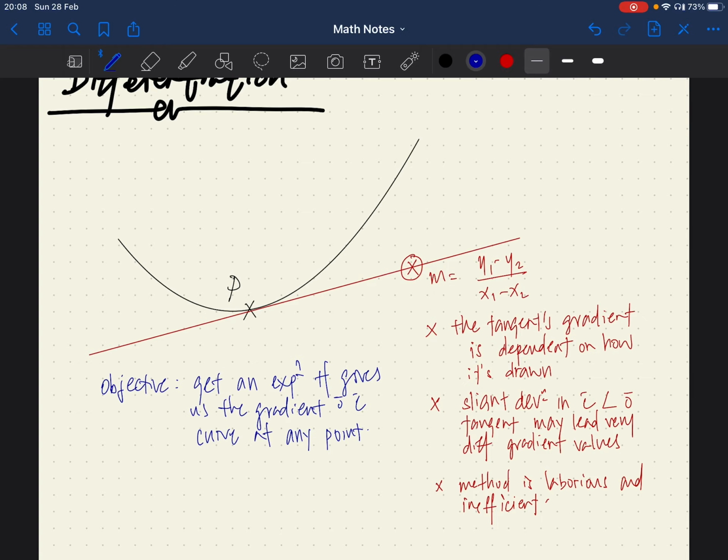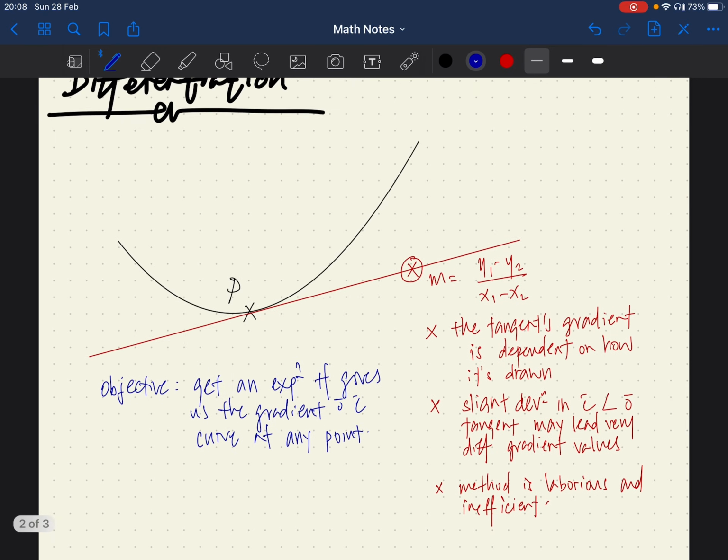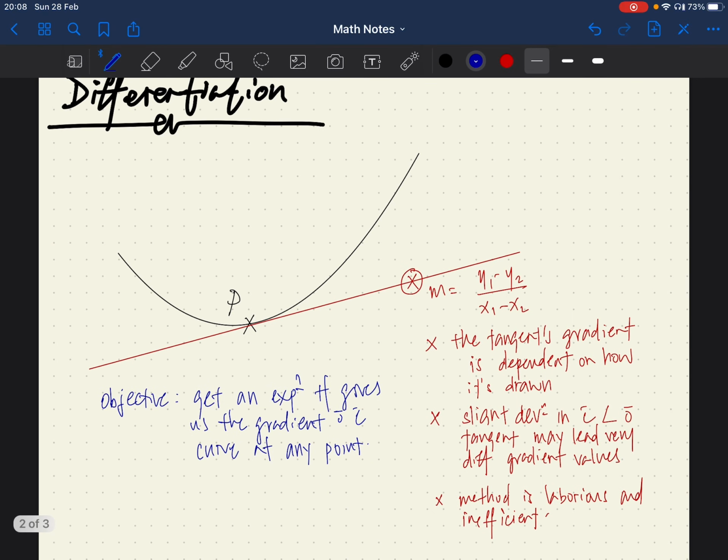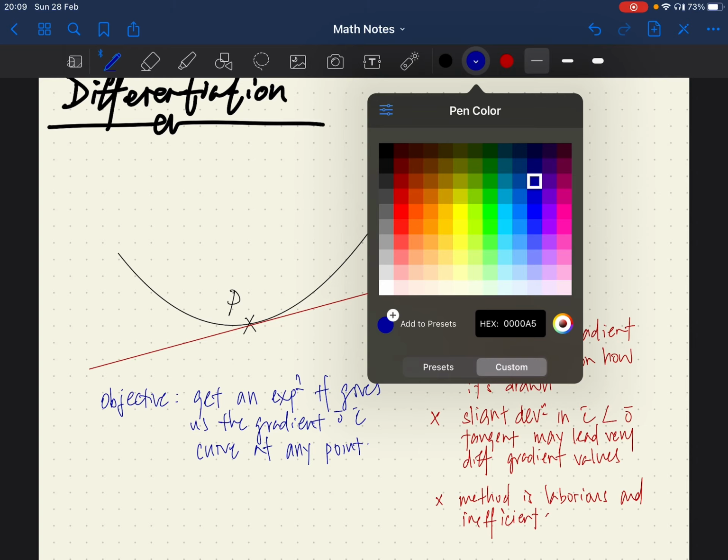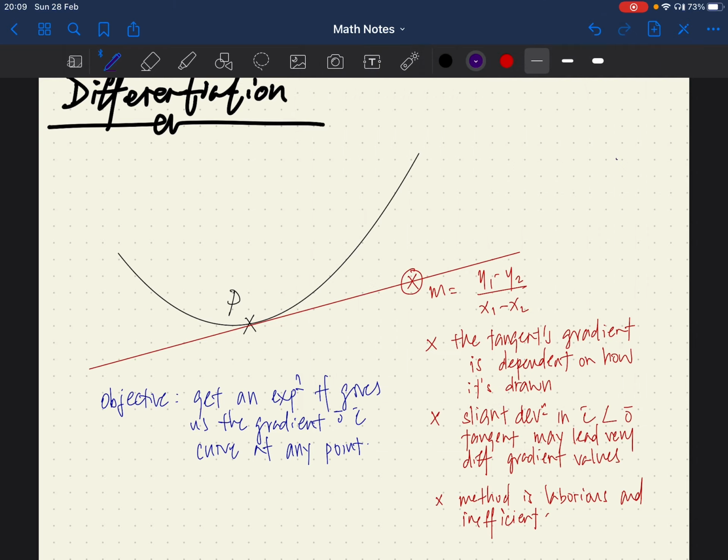So we start with looking at this tangent. Let's say this tangent has a correct gradient that we call M. There is a correct answer M. What can we do to find the value of M?